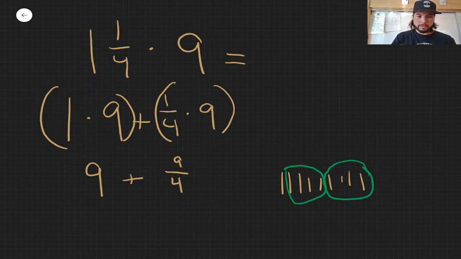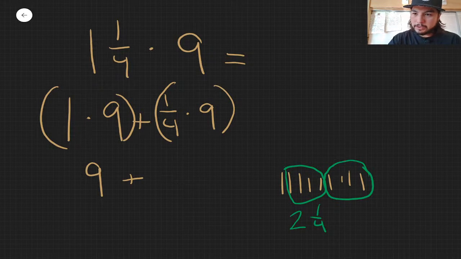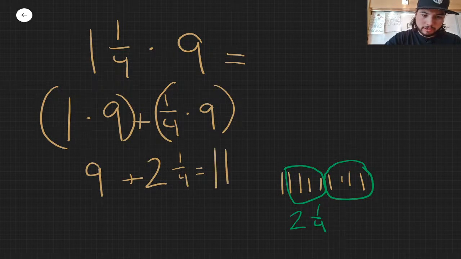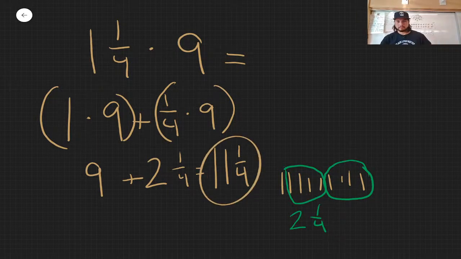So we end up with 2 with 1/4 remaining. Now we can substitute it and add it to our 9. 9 plus 2 is 11. 11 plus 1/4 is 11 and 1/4. Okay.